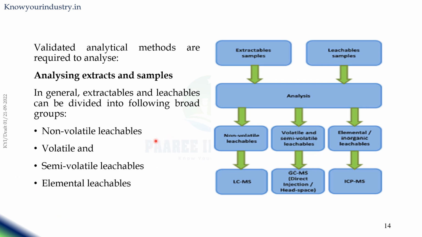The target compounds are non-volatile organic compounds generally, then volatile organic compounds like solvents, etc., then semi-volatile organic compounds, and finally the element leachables. So basically it is divided into organic compounds and elements, toxic elements and non-toxic elements. The organic compounds are further divided into non-volatile, volatile and semi-volatile in nature.